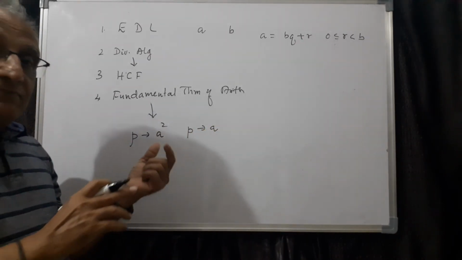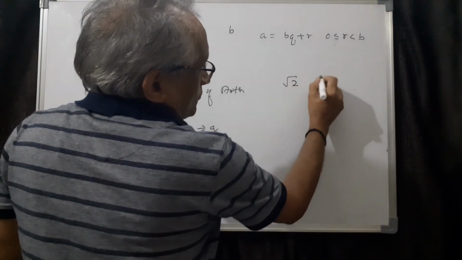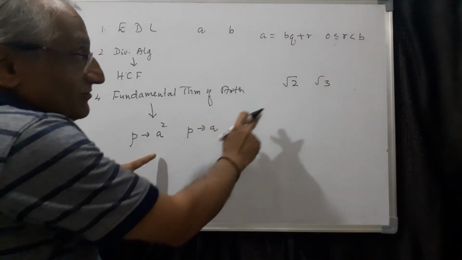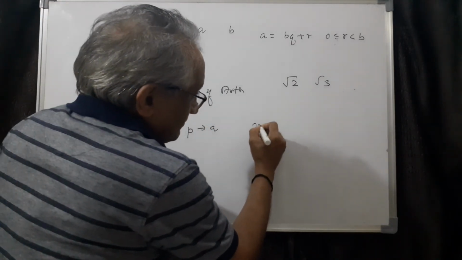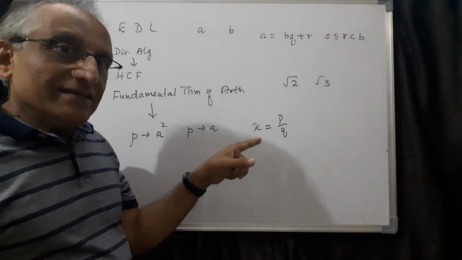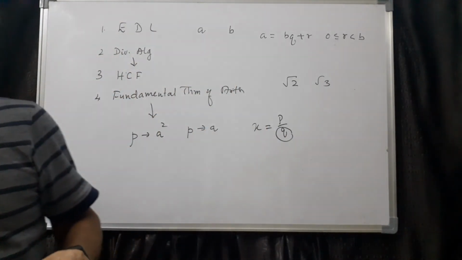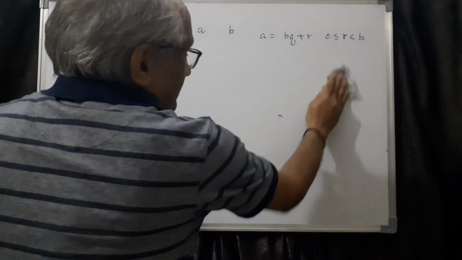Based on this theorem, we have decided that numbers like root 2, root 3, etc. are all irrational, because they cannot be written in terms of p by q. Then today we have studied the last concept: given any number x equal to p by q, we can decide whether it is terminating or non-terminating. So these are the only few concepts we have studied under this chapter. What we have to do is a few examples which are remaining in the exercise. Let me take only one question.